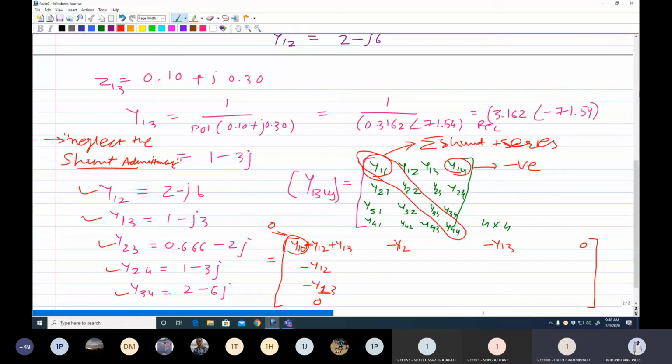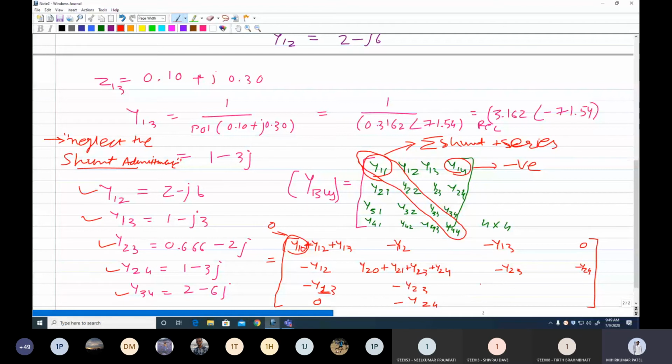Very good. Then the next elements: minus y21, and minus y23 and minus y24.